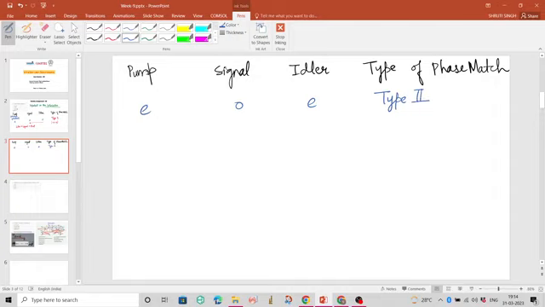So these two, signal and idler, are perpendicularly polarized, and the pump which gets generated is perpendicular to the signal, or we can say it is parallel to the idler E.